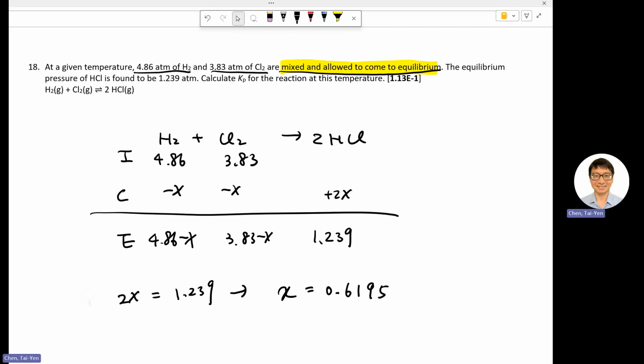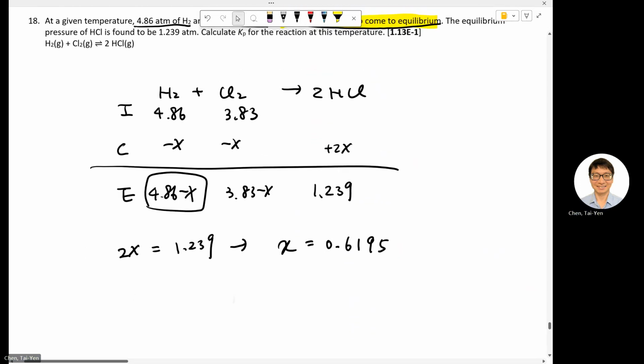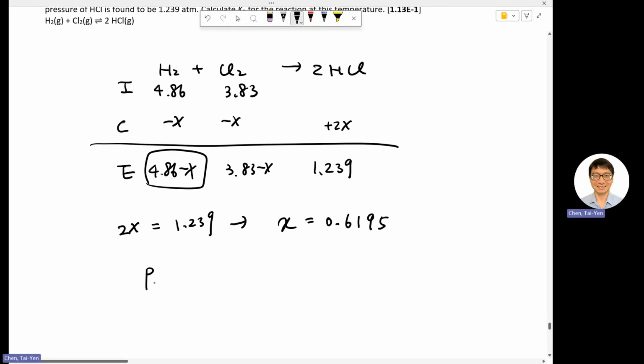Once you have this, then you know the pressure of your H2 at equilibrium will equal 4.86 minus 0.6195, which is going to have a value of 4.2405.